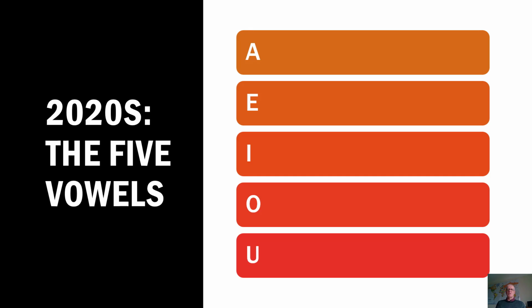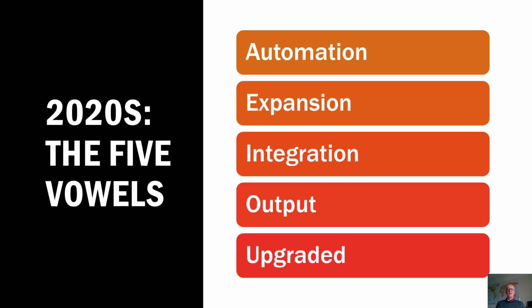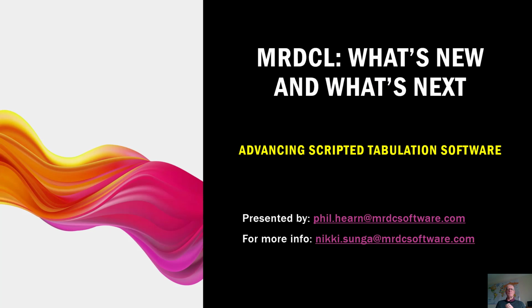Really important developments which we think have taken us well beyond just doing scripted tabulations, into automation of bringing in data, processing data, and perhaps more importantly, delivering data as clients want it. So don't forget AEIOU: automation, expansion, integration, and output in our hugely upgraded software.